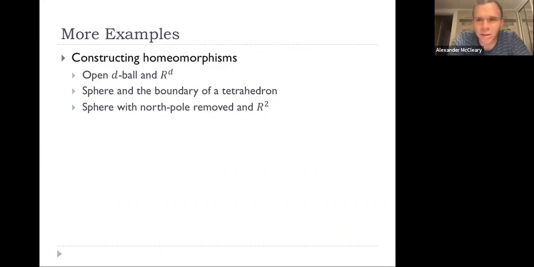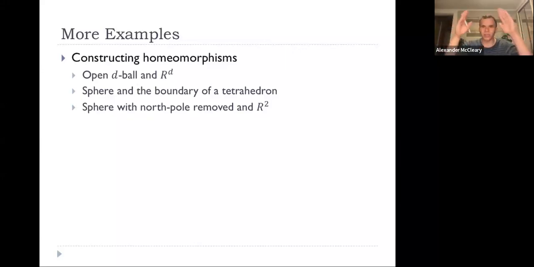Okay, so a sphere. When topologists talk about spheres, we always are talking about the boundary of a sphere, like a hollow sphere, not a filled-in sphere at all. A sphere and the boundary of a tetrahedron are homeomorphic.